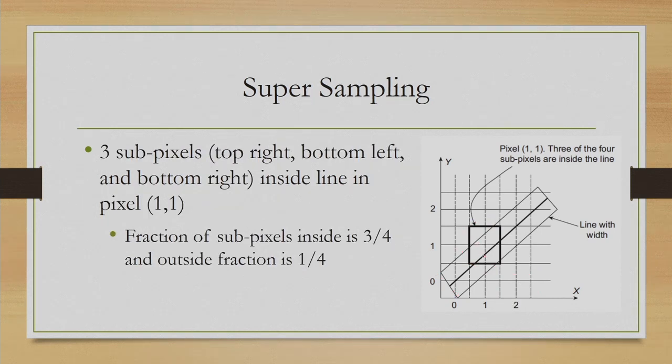Now, in the figure, as you can see, these 3 subpixels may be considered inside the line. Thus, the fraction of subpixels that is inside is 3 by 4 and the outside fraction is 1 by 4.